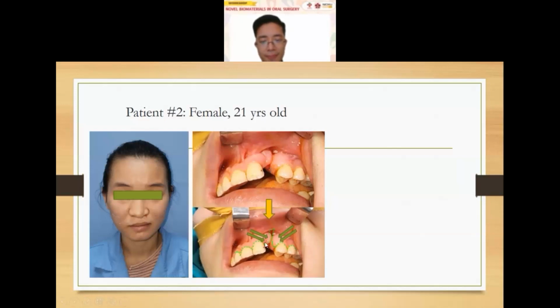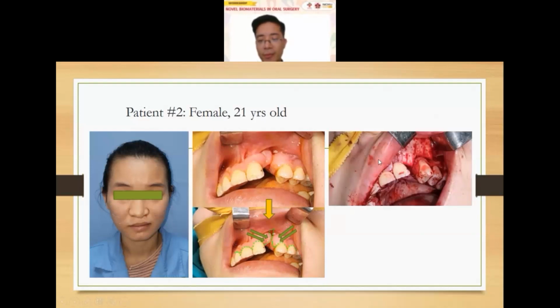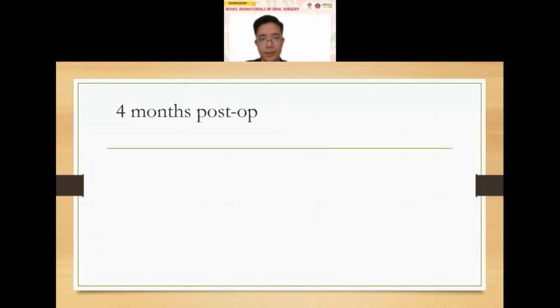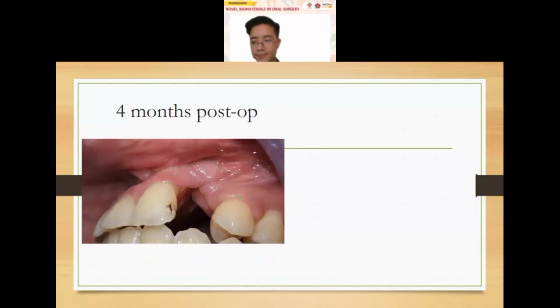and we design the flap. After we do the incision, we release the flap, and we put the ADM between the bone and the gingival flap, and then we close. This is 4 months post-op.